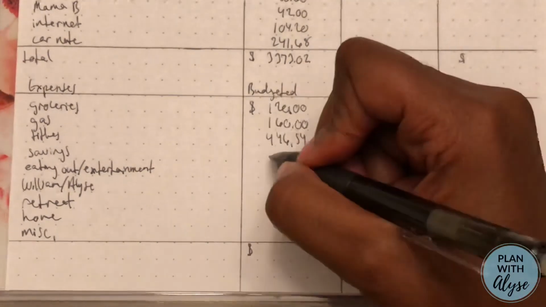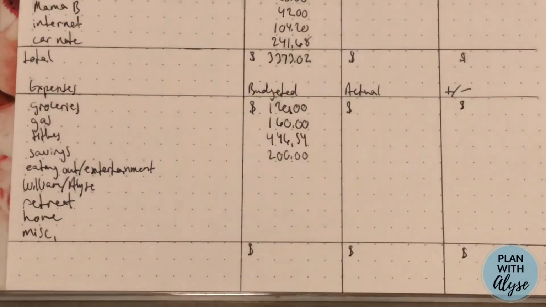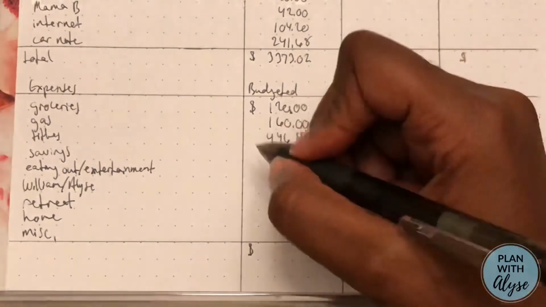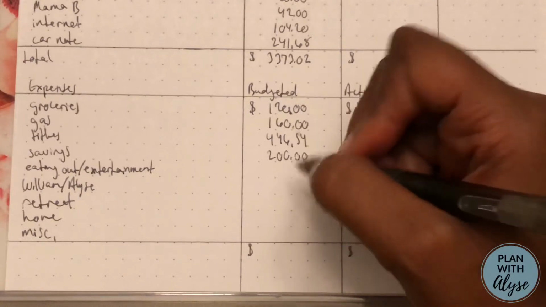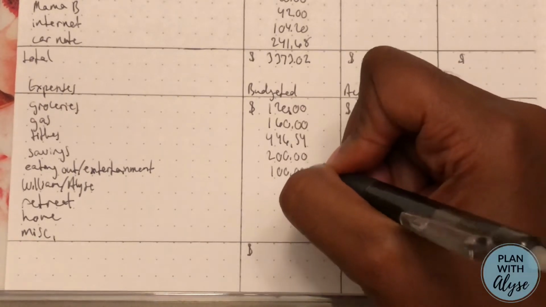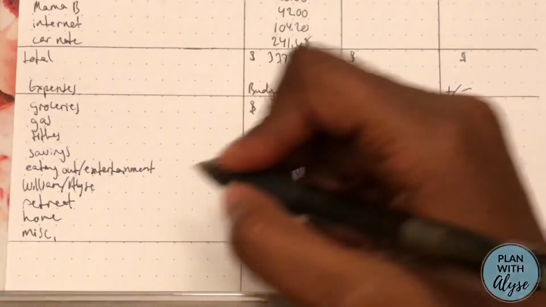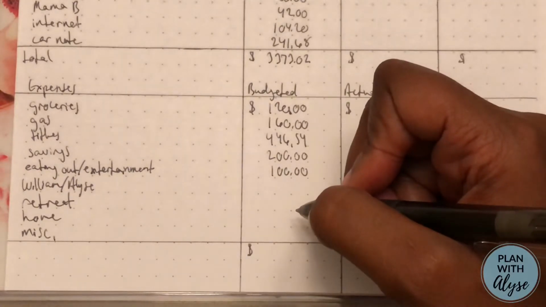Then for our savings, we're sticking to the 200. Eating out and entertainment, I'll put $100 for the month for both of those to share, $50 a piece. And then, no, I'm not.